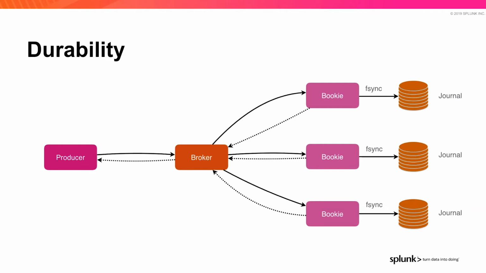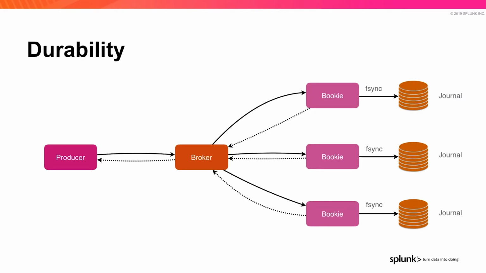Once you collect all the acknowledgements, only then you give the acknowledgement back to the producer. So by the time the acknowledgement gets to the producer, you have not only fsynced the data, but also replicated it. Because of the fsync and the replication, we can satisfy both persistent and replicated durability. Now, if you wanted to turn on fsync for replicated durability, you can do that as well.